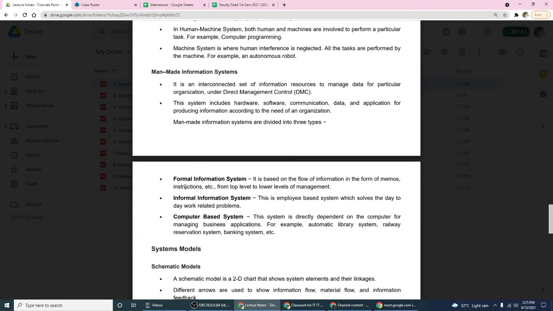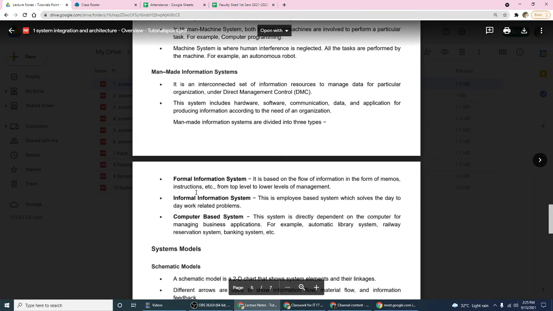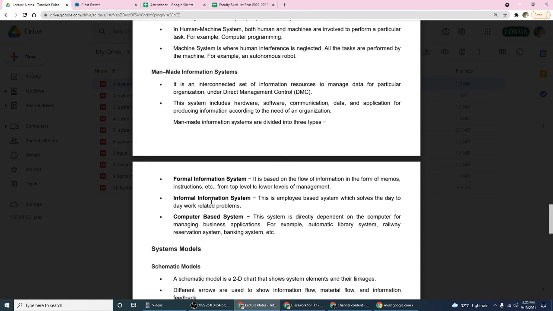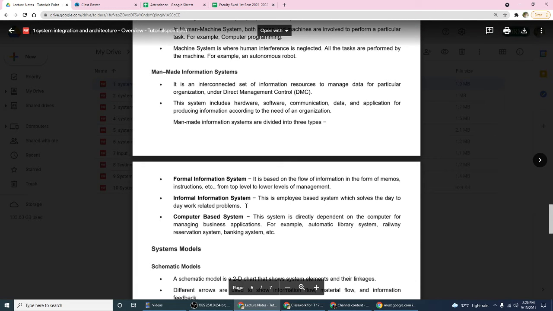And then we have here the formal information system. It is based on the flow of information in form of memos, instruction, etc. Informal information system is an employee based system which solves the day-to-day work related problems.